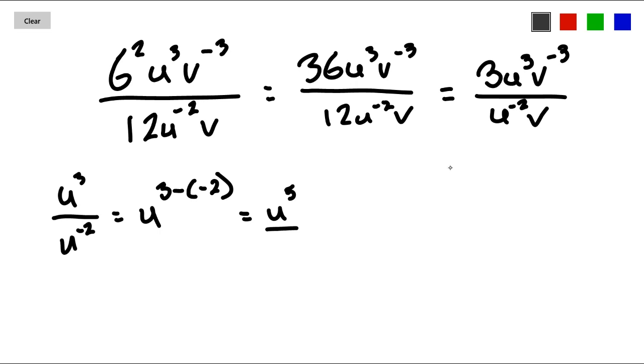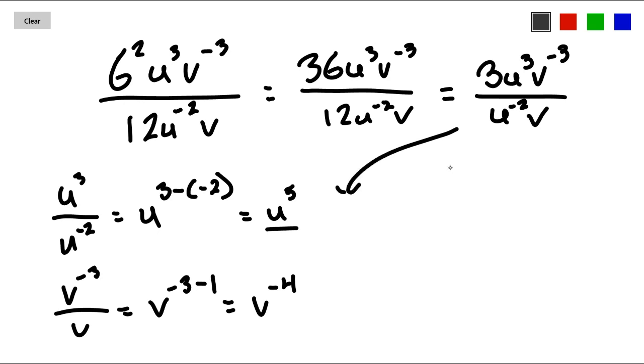And then I can also say that v to the negative third power divided by v is the same as v raised to the negative third power minus 1, which is just v to the negative fourth power. So if I apply these, I end up with 3 u to the fifth power times v to the negative fourth power.